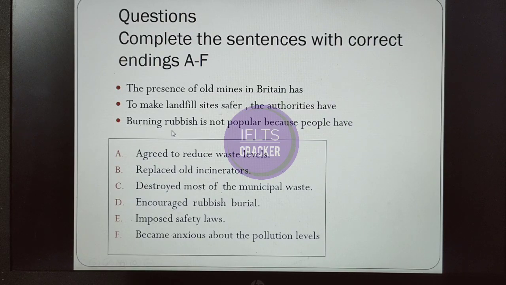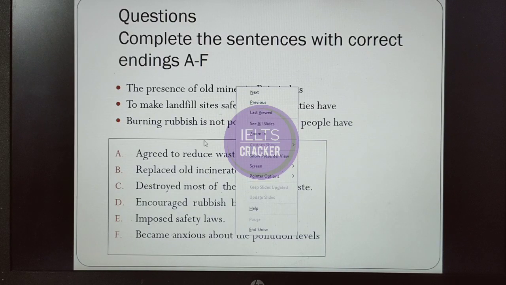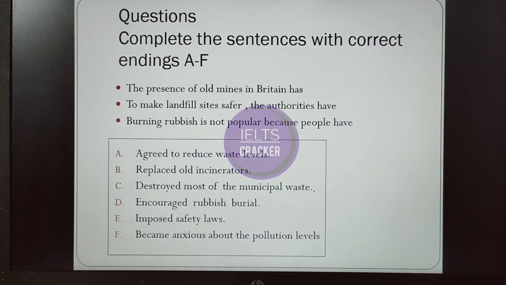First is the presence of old mines in Britain has. So what is the demand of the question, guys? Guys, let me take the pointer, because I told you that if you want, you can underline the words. Okay, so let's go. So the presence of what? Old mines in Britain. It has what?